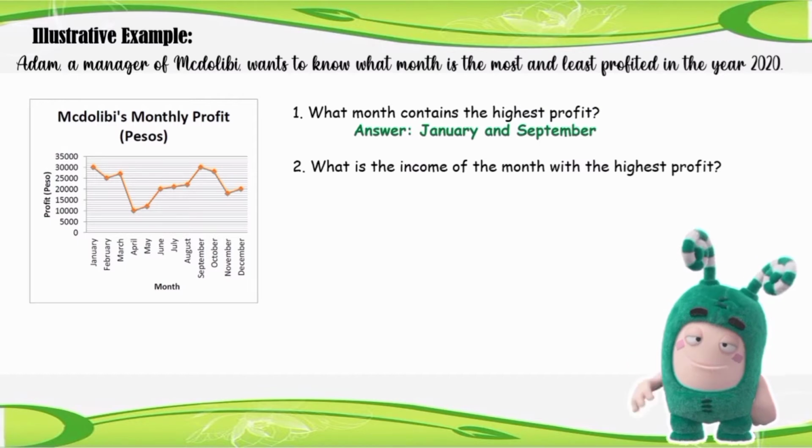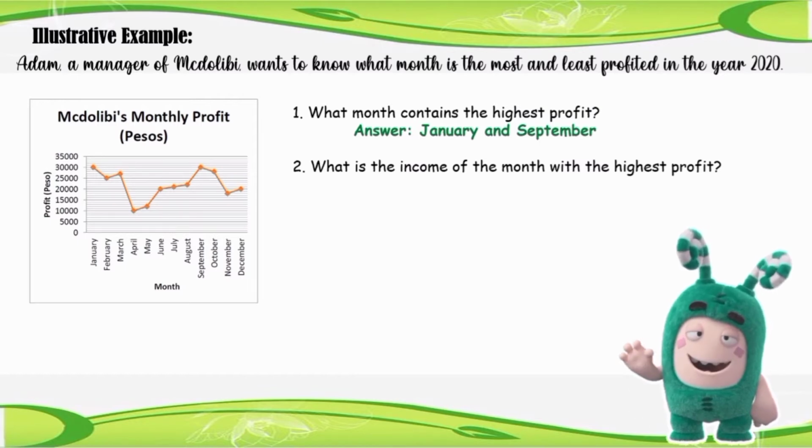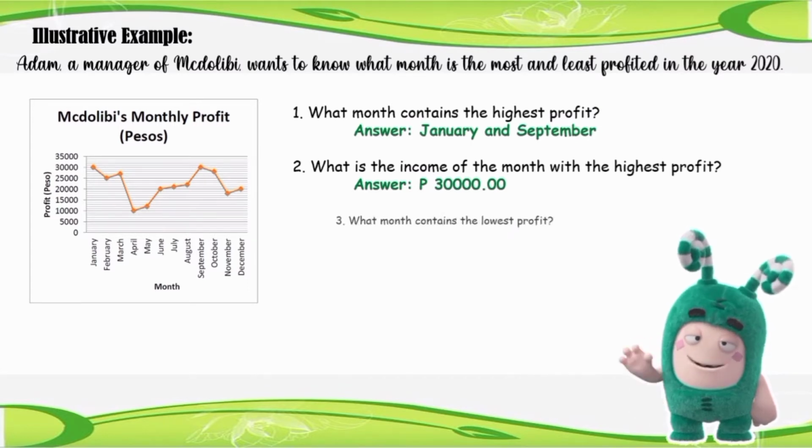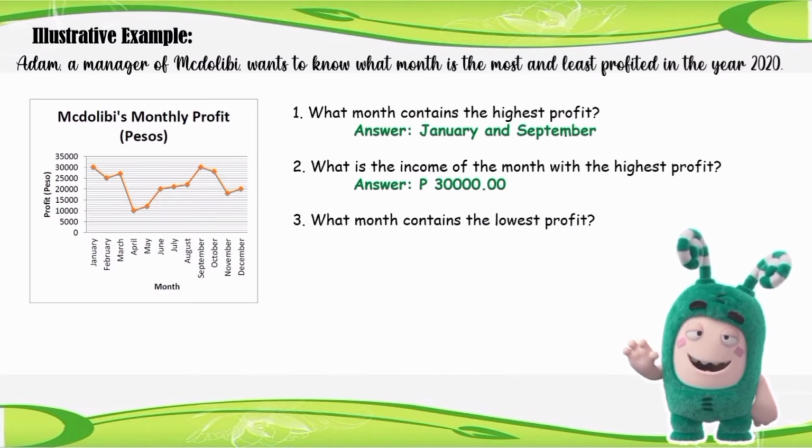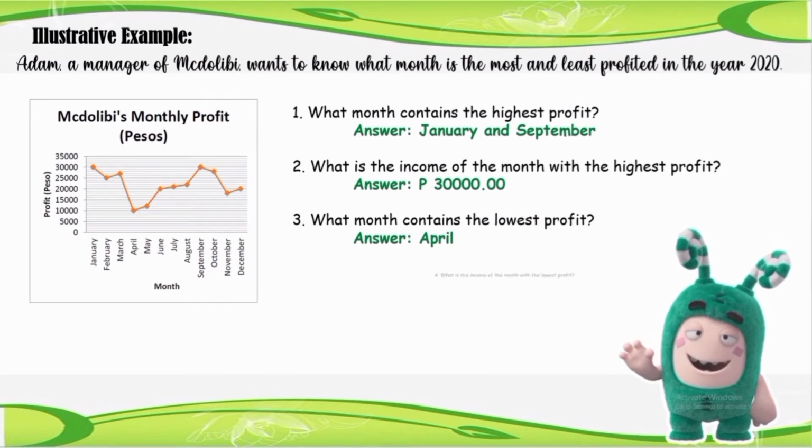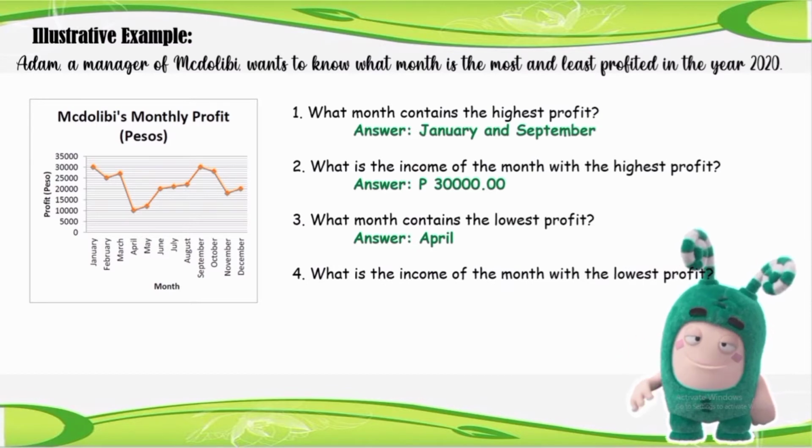Question number 2. What is the income of the month with the highest profit? 30,000 pesos. Question number 3. What month contains the lowest profit? That is the month of April. Question number 4. What is the income of the month with the lowest profit?